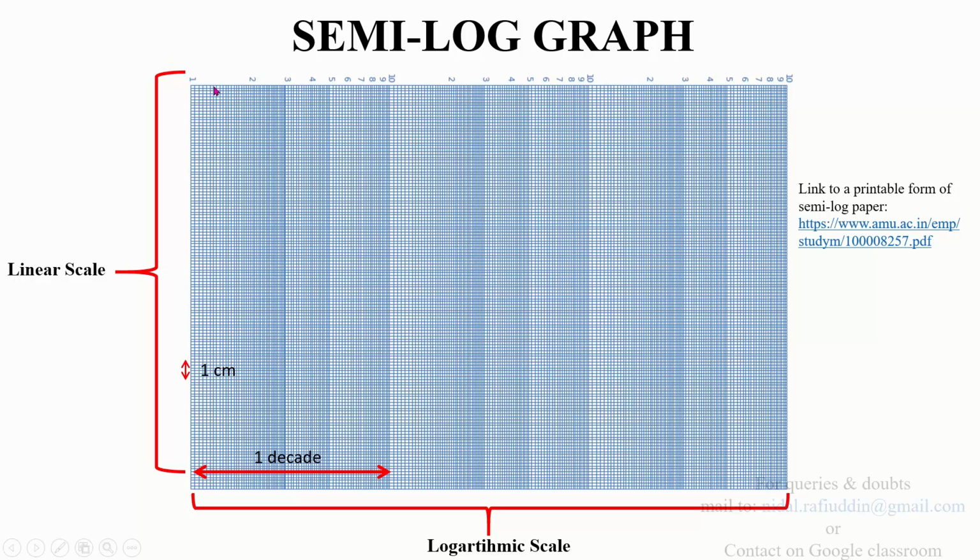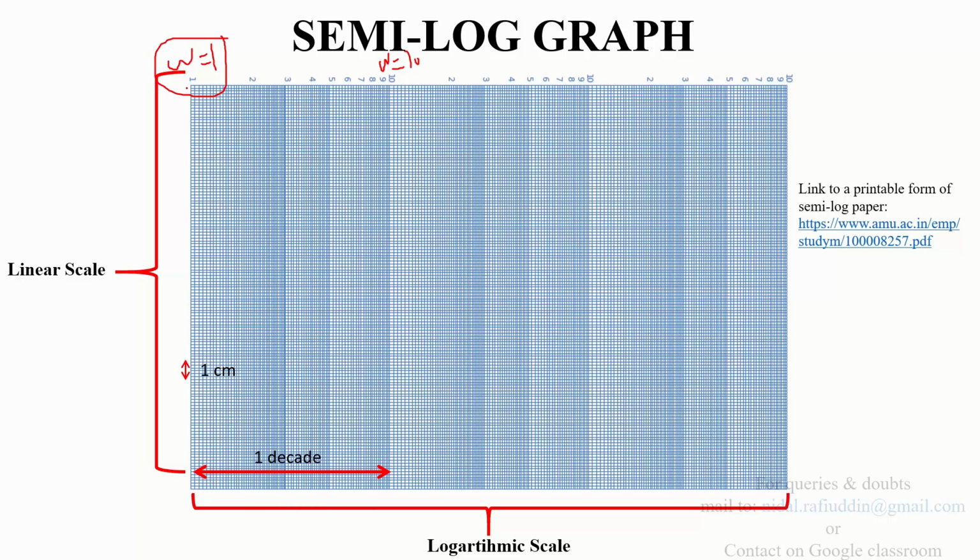If this had been a linear scale, then if you identify the first point as omega equal to 1, so the frequency of this point is 1 radian per second, then the frequency at this point will be omega equal to 10 radians per second.